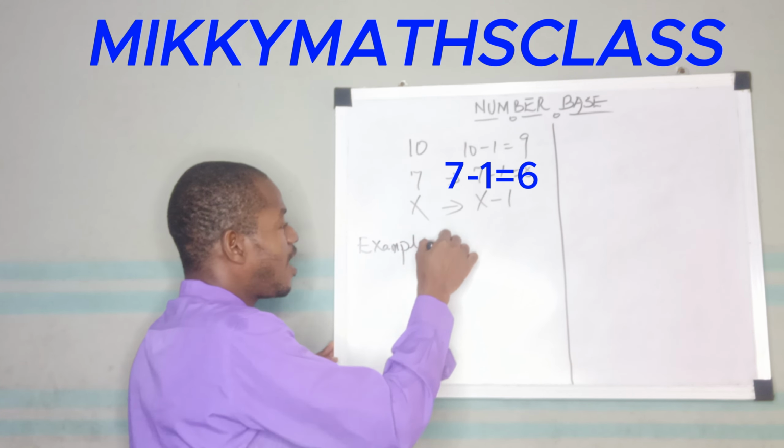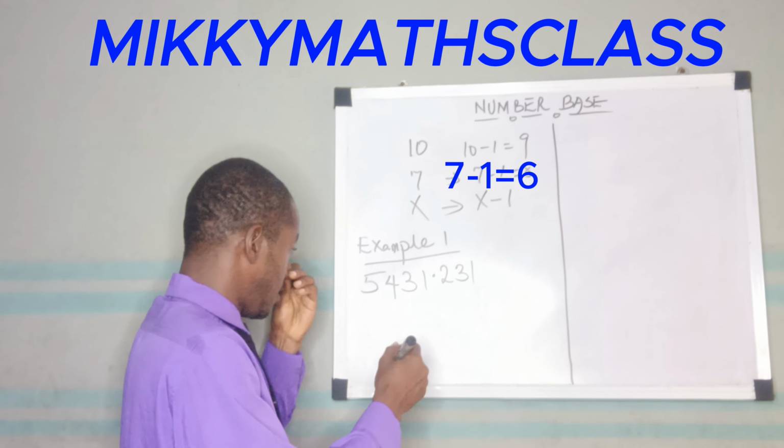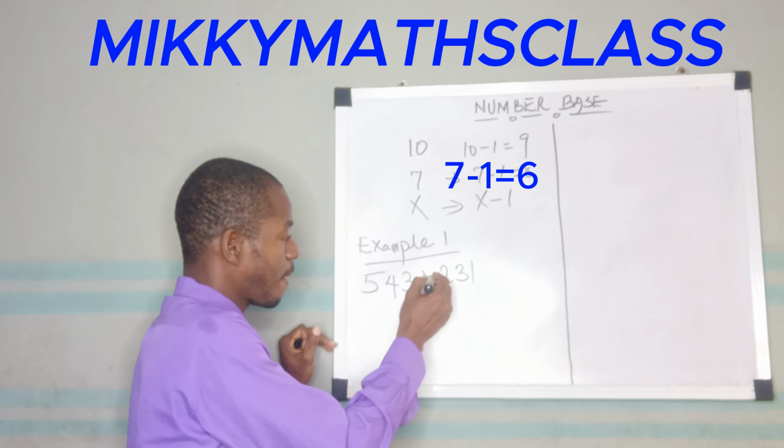Now, if you see a number like this and nothing is written at the bottom, it tells us that the number is in base 10. For me to write it in expanded form, first I must understand the place value. This here is the decimal point.